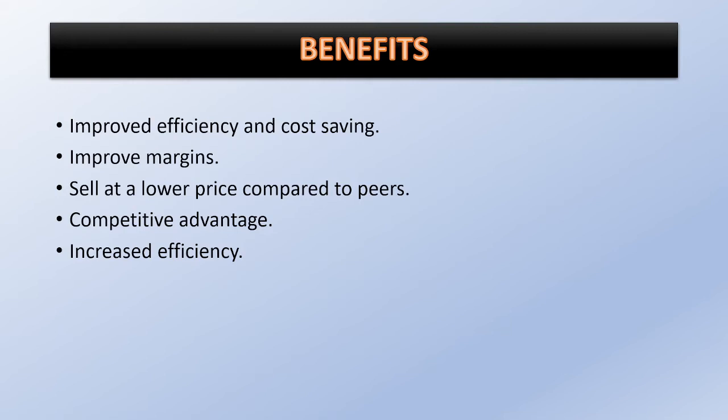But since Heinz has a margin of 35 rupees, it can lower the ketchup price compared to its peers and hence gain an advantage over them. So the volume of ketchup sales will increase, hence the profitability of the company will increase, which leads to competitive advantage and increased efficiency.